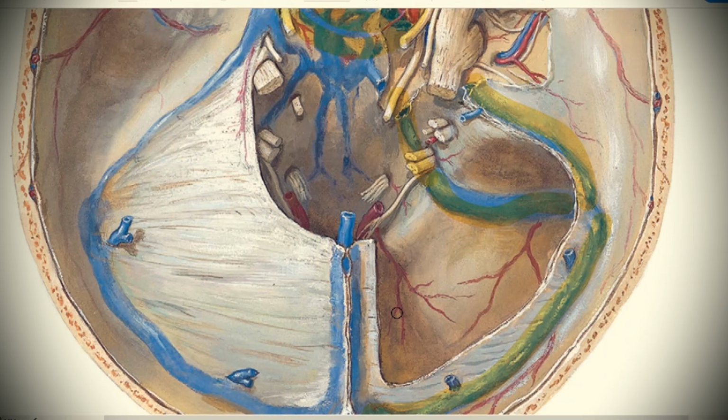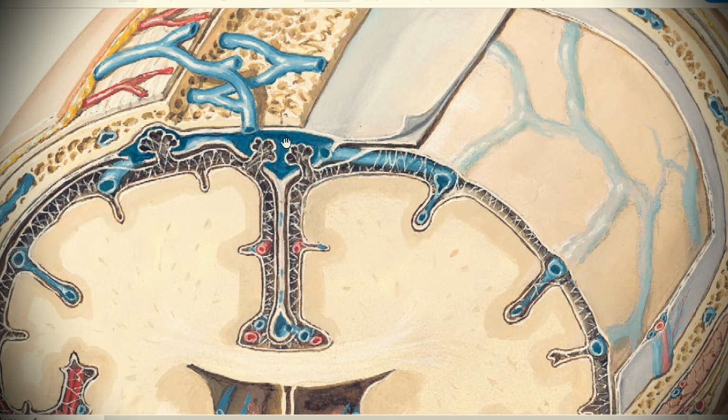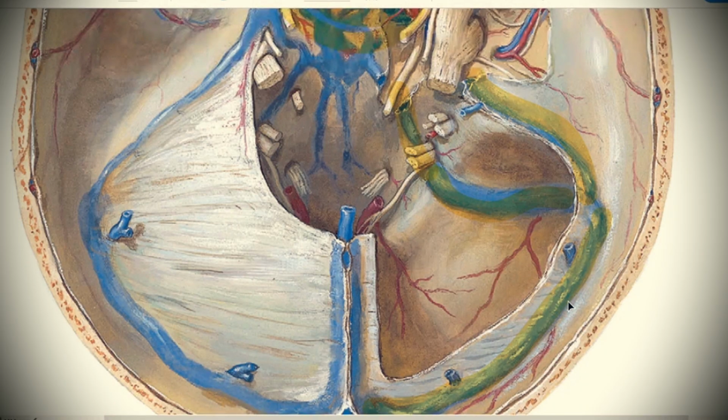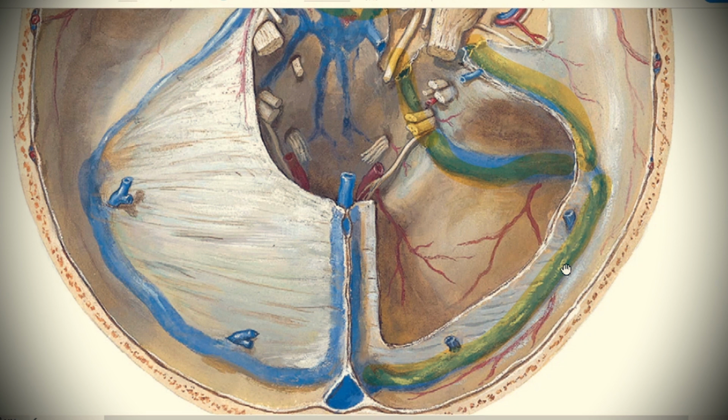First of all, you must know that the sinuses contain blood from the dura mater. Next, cerebrospinal fluid also drains into the sinuses. Next, they drain blood from the bones of the skull, the skin of the head, and the orbital cavity.